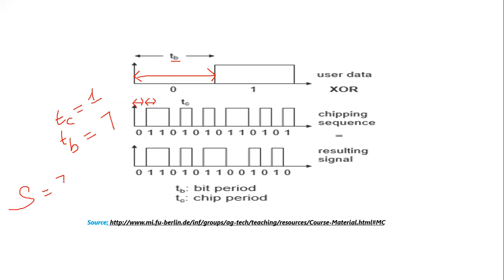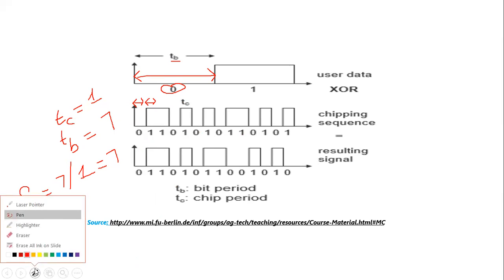TB is 7, TC is 1, which is nothing but 7. So the spreading factor is 7. One user data bit will be spread into 7 bits. That's the meaning of this concept.